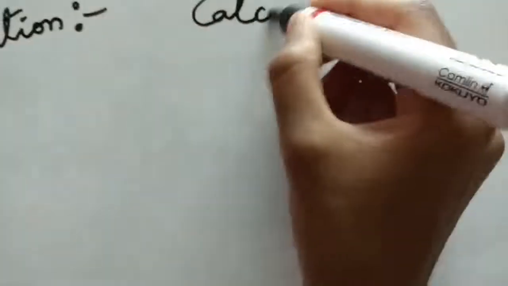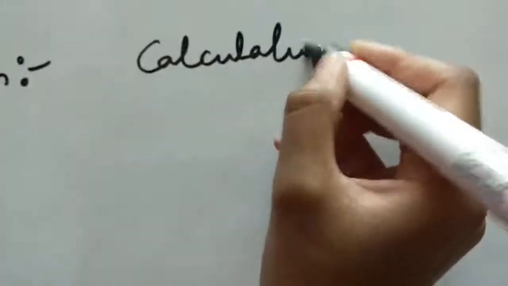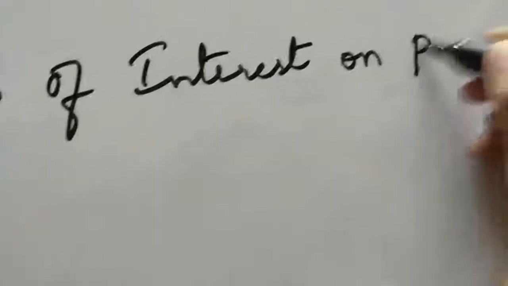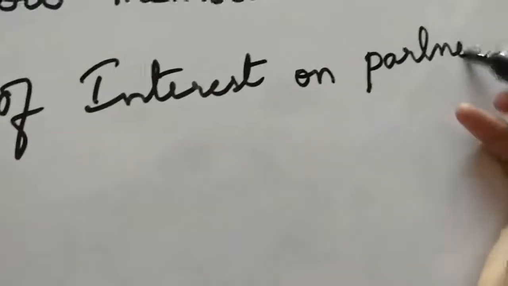So let us start with the solution now. Heading is calculation of interest on partners' drawings.